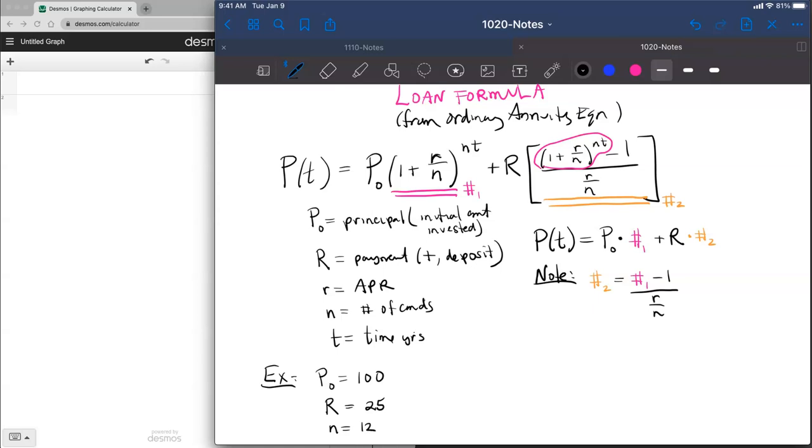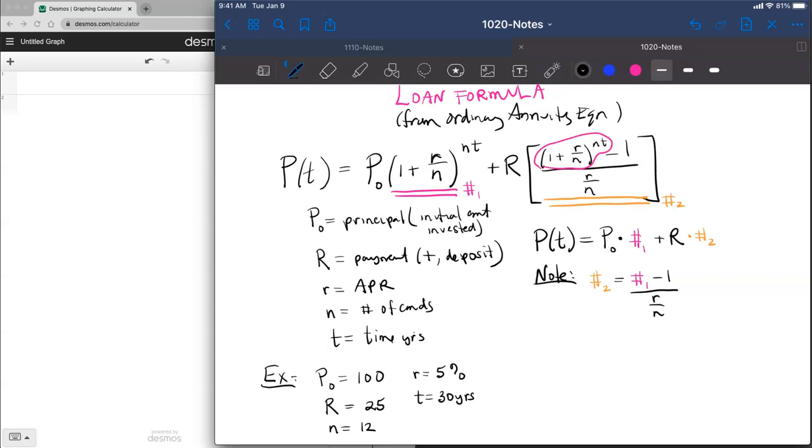We're compounding 12 times per year. And let's say that the interest rate is, say, 5%. And then we want to allow this money to grow for, say, 30 years.